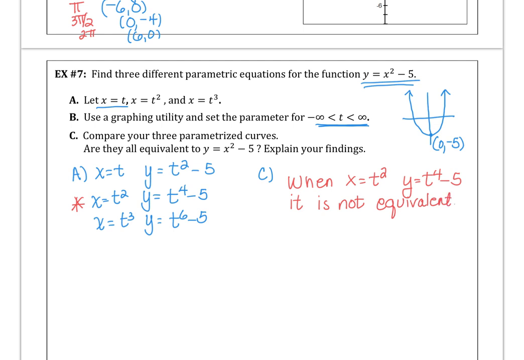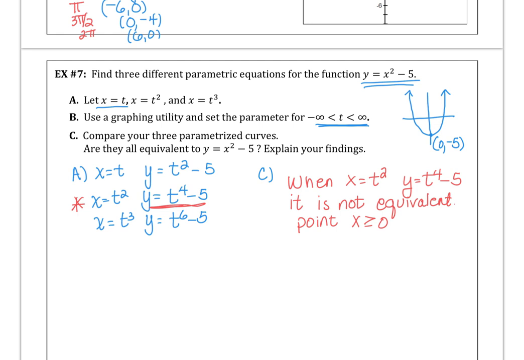The reason it's not equivalent is because only the points from 0 to the right are obtained, while the domain for x squared minus 5 is all real numbers. So this one would not have the same graph.